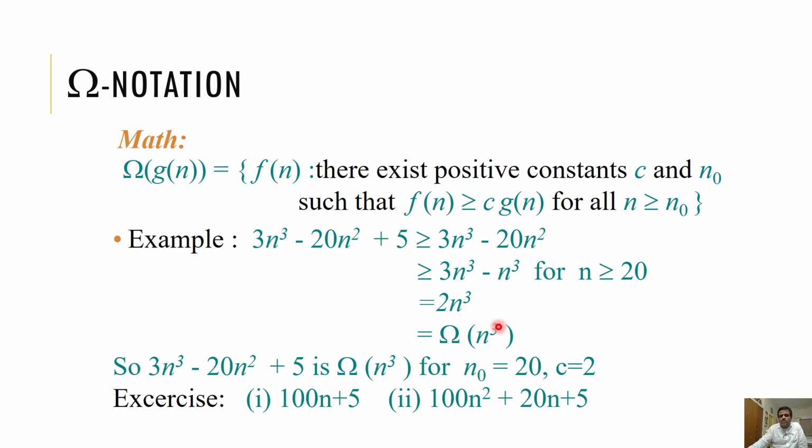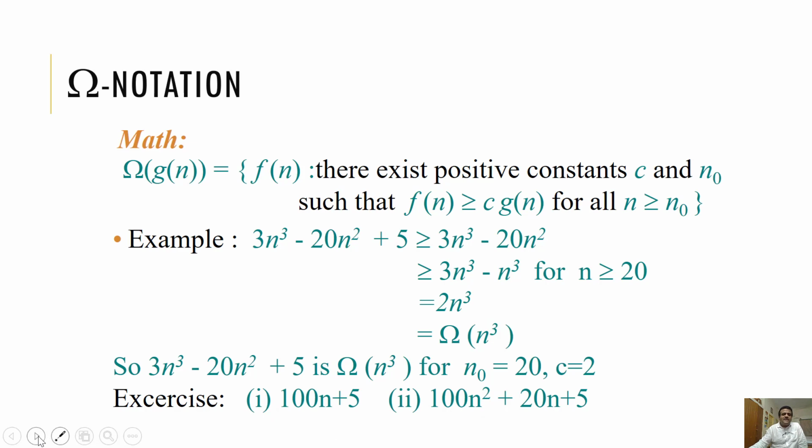So, this is 2 n cube. That means our c is 2 and n0 is 20 and this is greater than or equal to c n cube. That is the definition. So, just now we have proved that this is big omega of n cube. And similarly, you can do this exercise: this is big omega of n, this is big omega of n square.